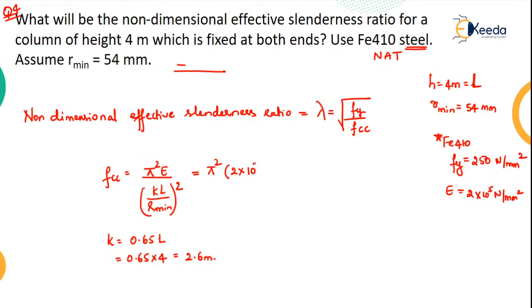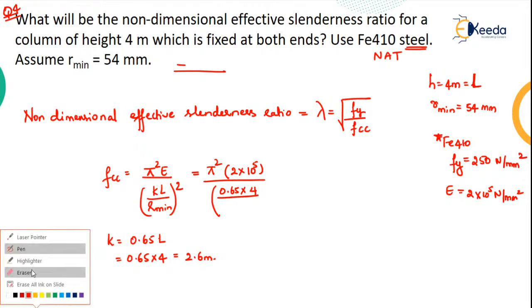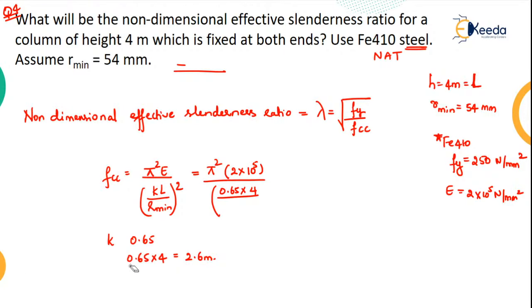So 2 into 10 raised to 5 divided by... I made a small error here, this is directly your KL. So KL is equal to 0.65 into 4, that's nothing but 2.6.